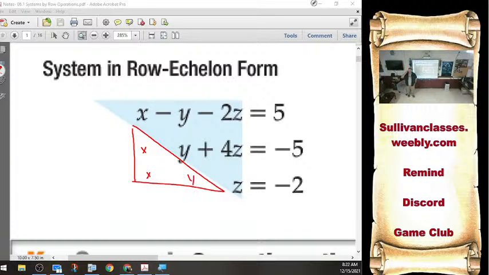If I get rid of that triangle of values, then at the end I'll have z is this. If z is this, then plug it in, you get y. If I got y and z, I back up to the top of the pyramid, now I got x as well. So it's just a way to organize our process.